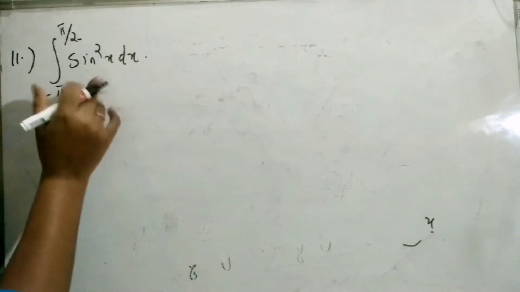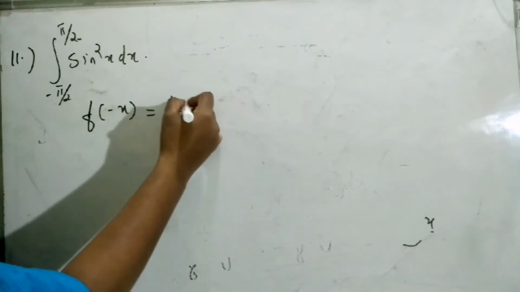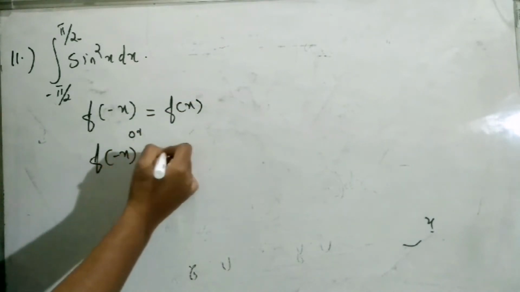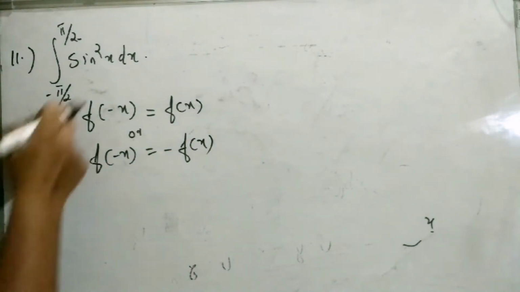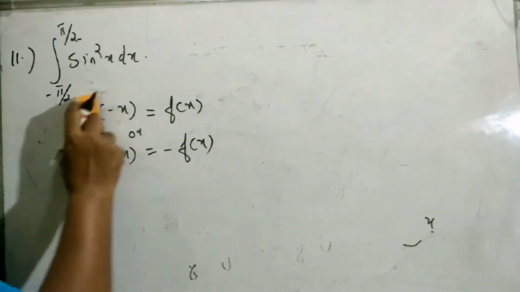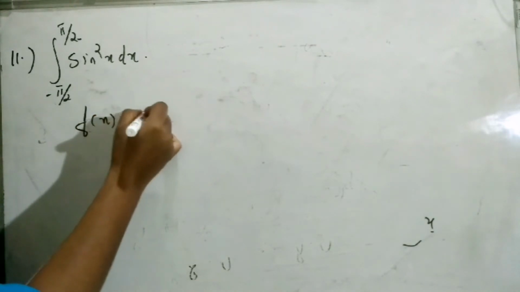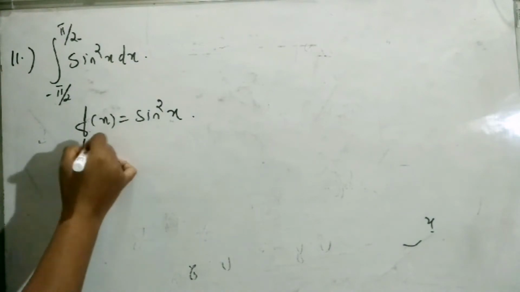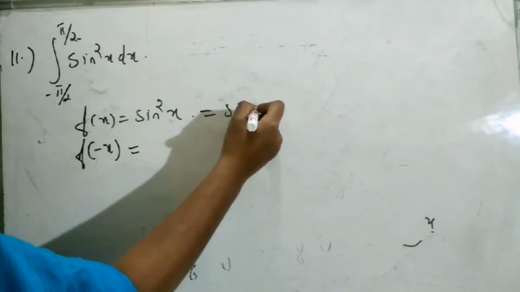So if you want to use that property, we need to check whether f of minus x is equal to f of x, or f of minus x is equal to minus f of x. So what is our f of x here? The f of x is sine square x, that is sine x all square.